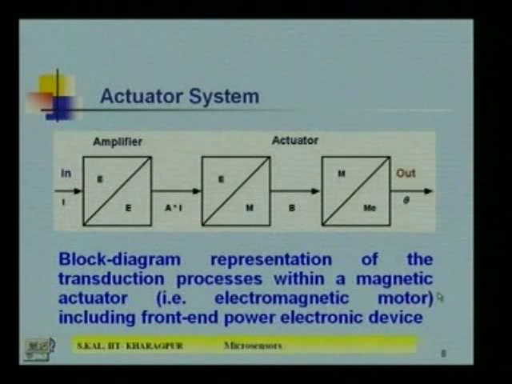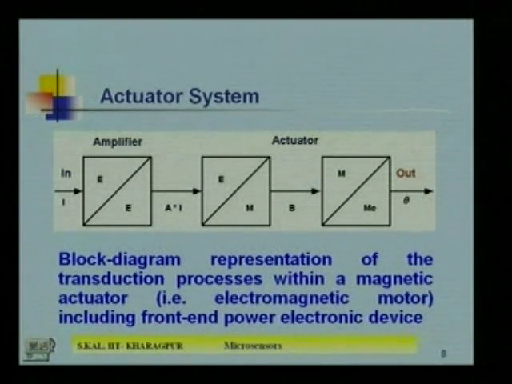Now, the actuator system is shown in this particular diagram. In the actuator system, actuation means it will act: some mechanical motion or movement, or some color change or light intensity change, something will happen there.